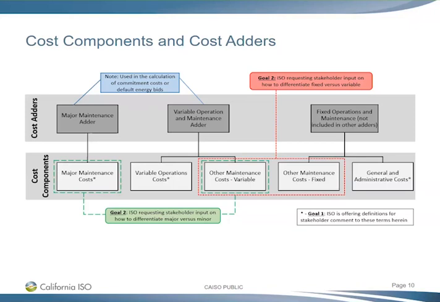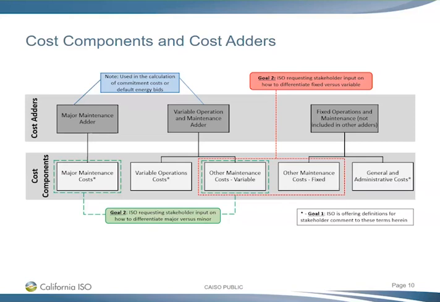I think we'd like to make sure that all of those costs are adequately captured. Traditionally, the major maintenance adder captures costs that are correlated with run hours and starts, and the variable operations and maintenance adder captures those costs which are associated with just megawatt hours.